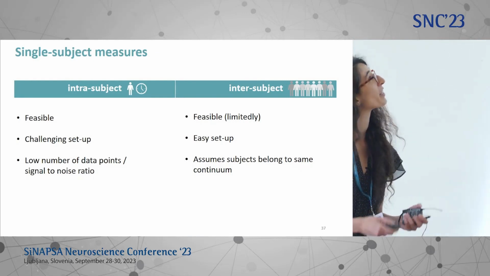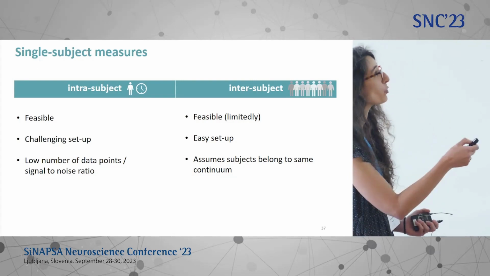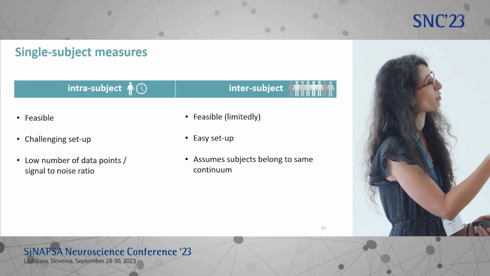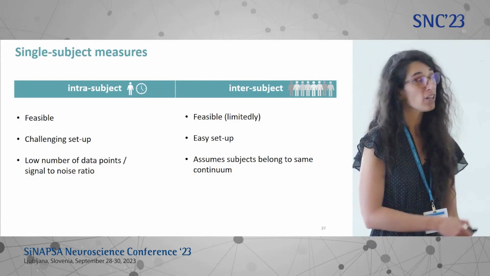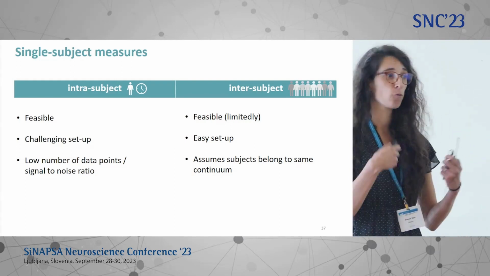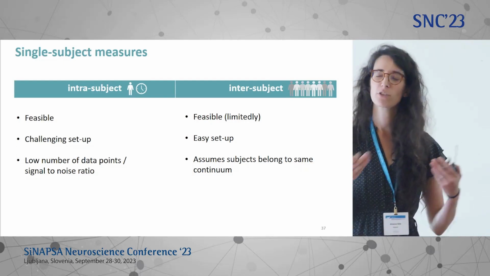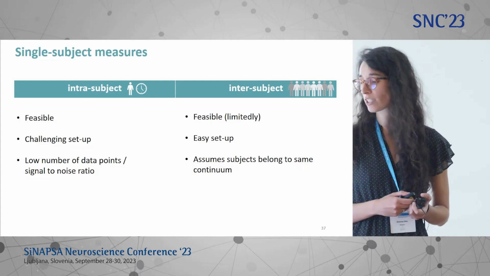So in summary, can we get molecular connectivity at a single subject level? Well, if you use an intra-subject approach, yes, this is feasible. It can be a bit challenging to set up. As you saw, these methods require multiple sessions or multiple runs in a session, or more complicated modeling with dynamic scans, constant infusion scans.